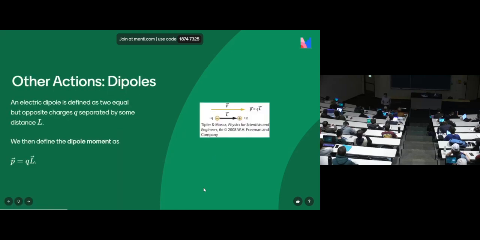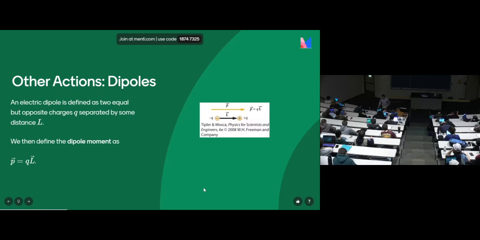Now, the other thing that an electric field will do is it can exert a torque on something, say, like a dipole. And so what we want to do first is define even what a dipole is. A dipole, you may recall from chemistry, is just when you have positive and negative charge that are in close interaction to one another, but are indeed separated spatially from one another.